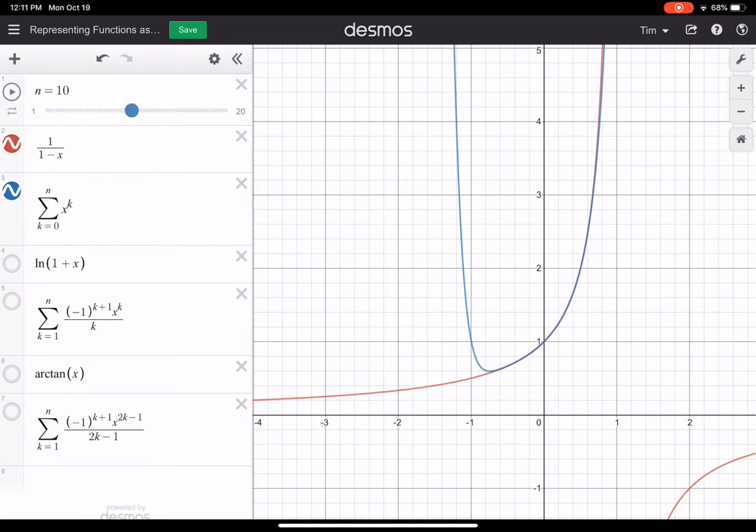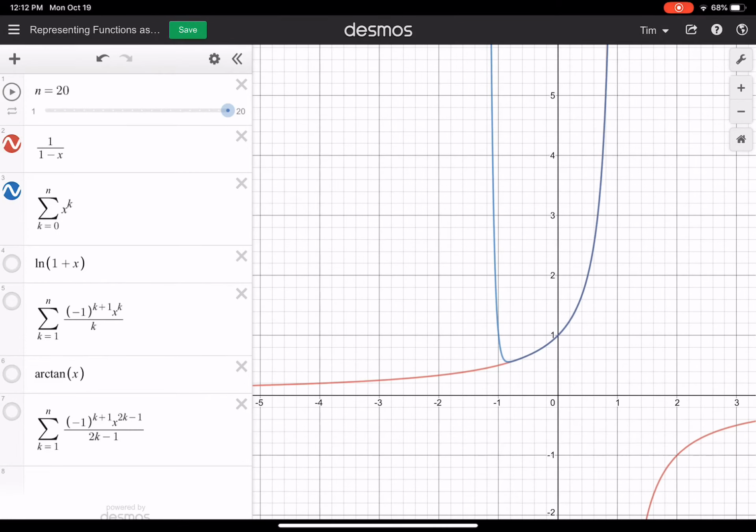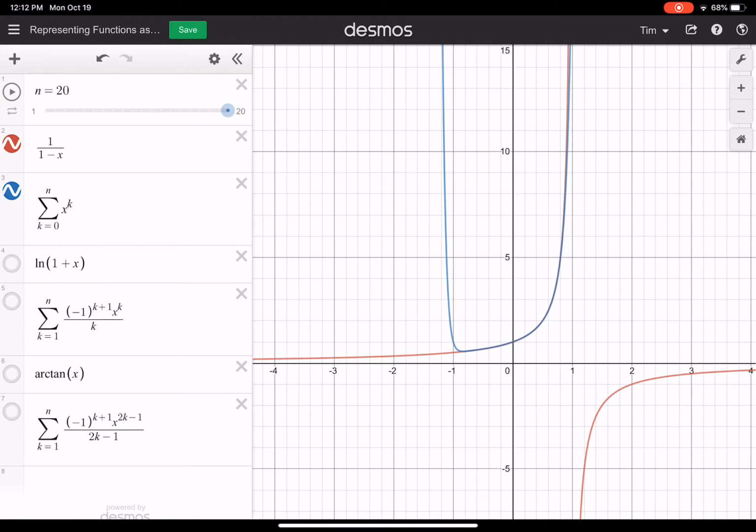I can increase the accuracy by going up to x to the 20th, okay? And it still converges there between minus 1 and 1, but it doesn't converge to 1 over 1 minus x beyond that interval. You can see that it clearly goes away from 1 over 1 minus x as you go towards x equals minus 1. And then there's an asymptote at x equals 1.